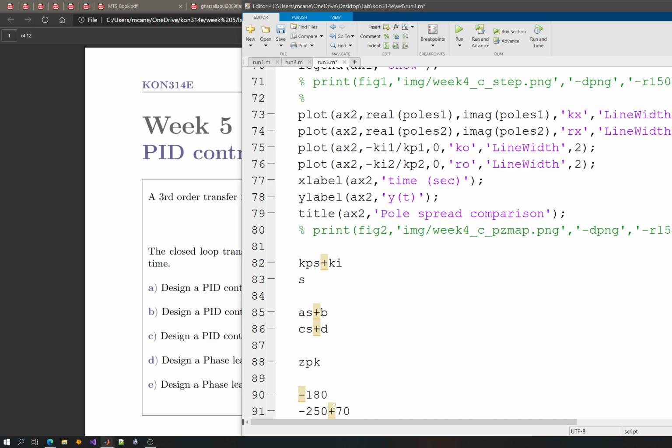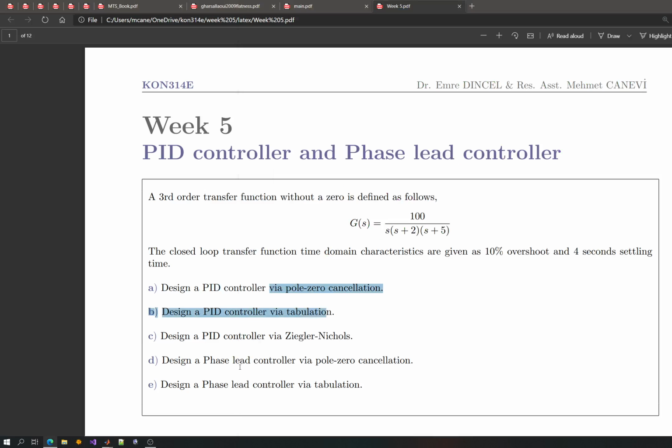Now, basically, designing a PID controller via these methods, or phase lead, phase lag, PD, PI, PID, all these controllers have their own structure, and you only need to know the structure of the controller. If you know the structure, then you can design your closed loop with similar code. And let's see how we will attack this PID design problem.